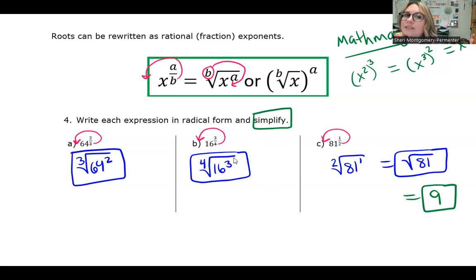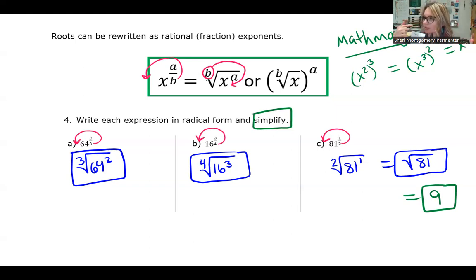So when I look at this, 16 to the third power, I have to the third power, so that's not helpful if I'm trying to rewrite things to the fourth power. So here's some math magic. If I want something to the fourth power, I can go look down the fourth power column.